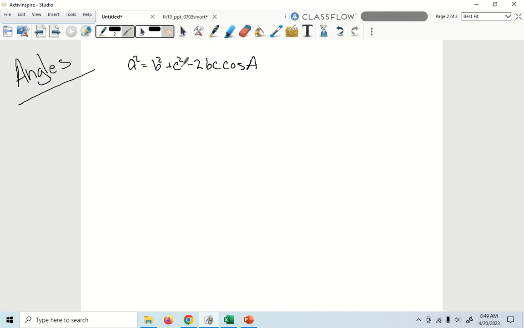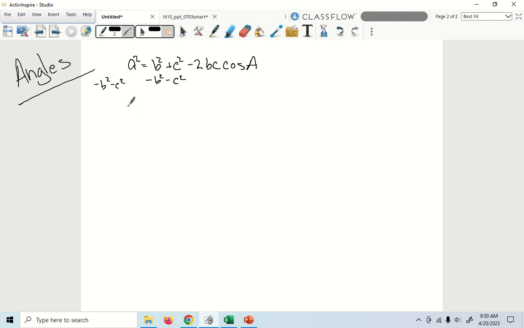So I could first get rid of the B and C. I'm going to subtract B squared and C squared from both sides, and rearrange it a little to make life easier.